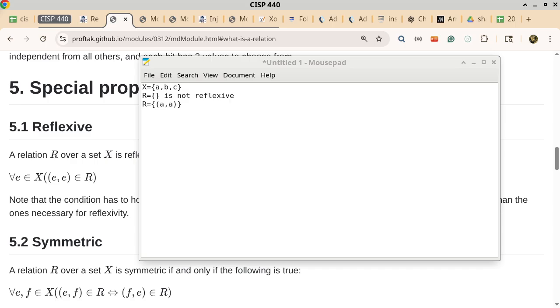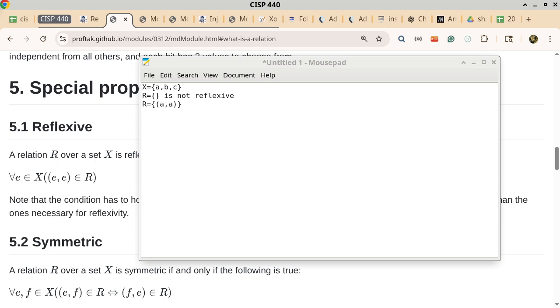The universal quantifier says A has to relate to itself, and B has to relate to B, and C has to relate to C. But since we only have A relating to A, B relates to B is false. C relates to C is also false. So we end up with a conjunction of true and false and false. So the whole thing is false.